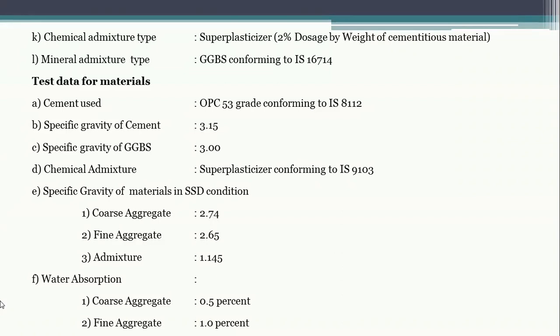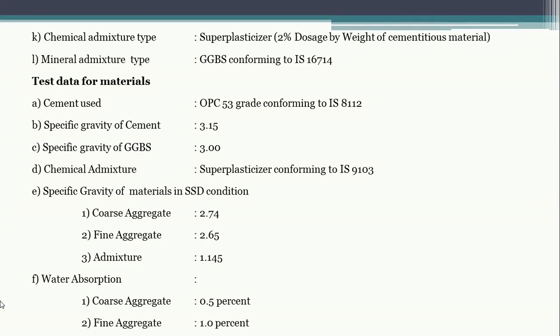Next, the test data for materials. These test data for materials are obtained once after doing the test on those materials. Cement used, OPC 53, we have discussed in the first proportioning details. Next, specific gravity of cement 3.15, it is a standard. If they don't give it, you can also assume it as 3.15. Then specific gravity of GGBS, they have given it as 3. Then chemical admixture super plasticizer conforming to IS 9103.